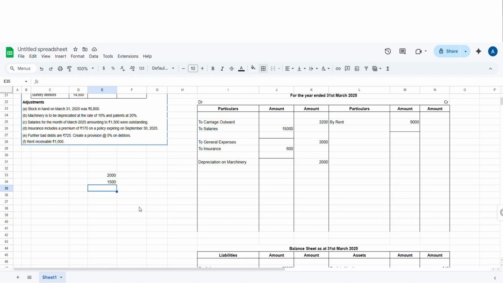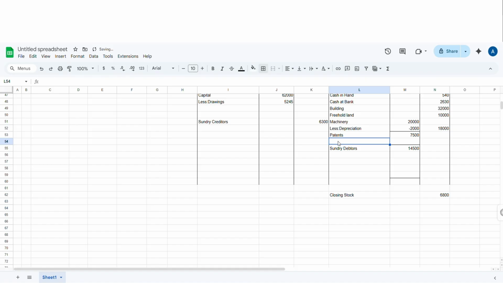So we record it twice, that is in the profit and loss account, depreciation on patents, 1,500, and in the balance sheet we deduct it from patents. Less patents, 1,500, and the amount is 6,000.